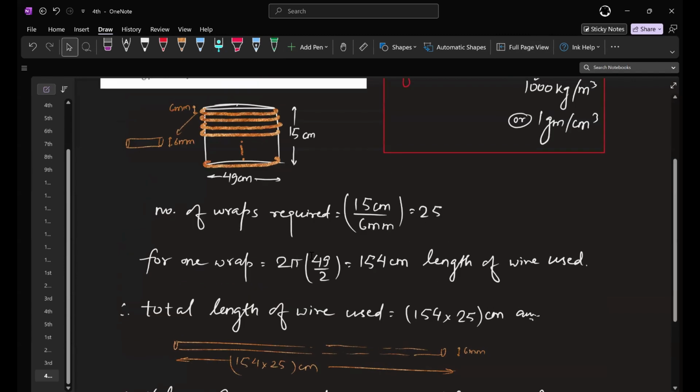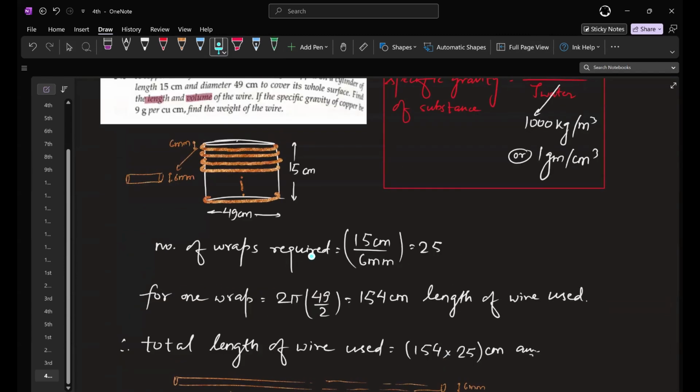No, not that. See, for one wrap, the length of wire used is 2 pi r, the circumference of the circle of the cylinder. And the circle of the cylinder has radius given in terms of what? Centimeters. It means for one wrap, the length of wire used is 154 centimeters. The total wraps required is 25. So for 25 wraps, the total length of wire used would be 25 into 154 centimeters.